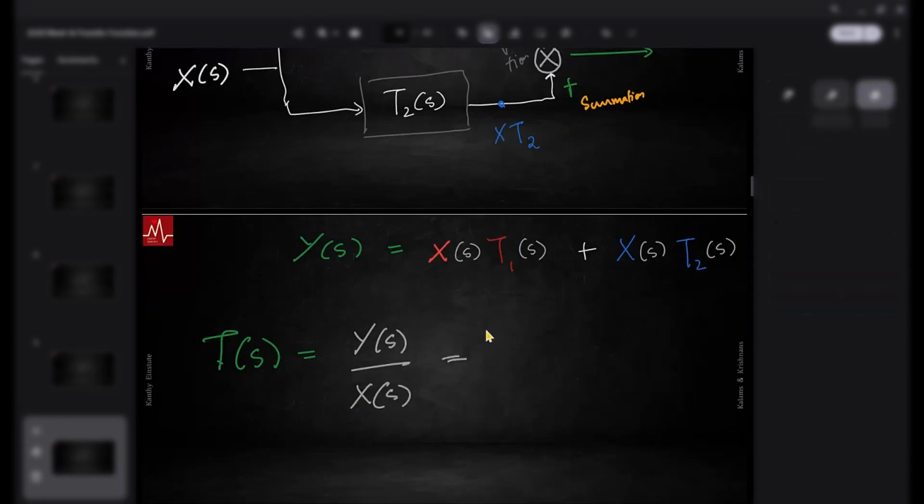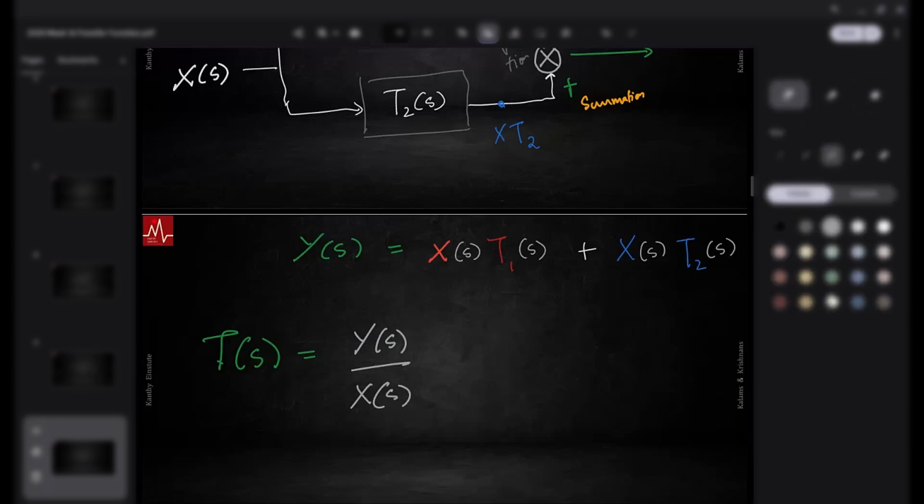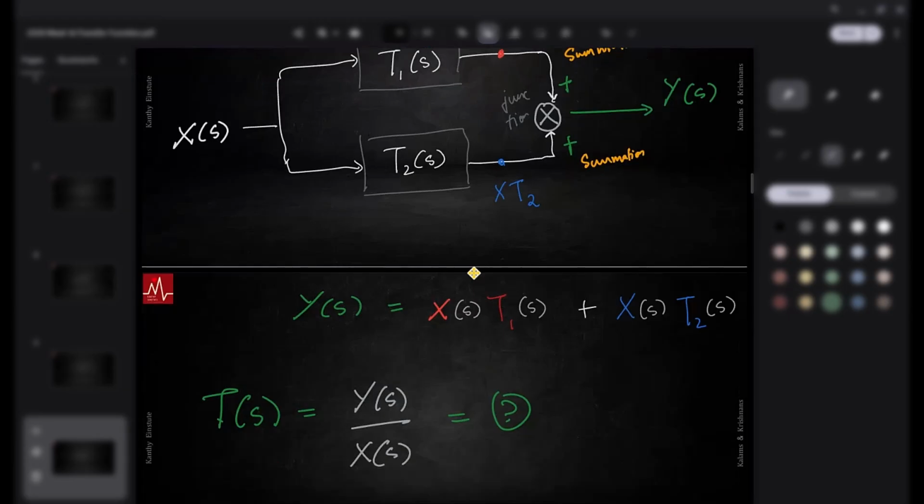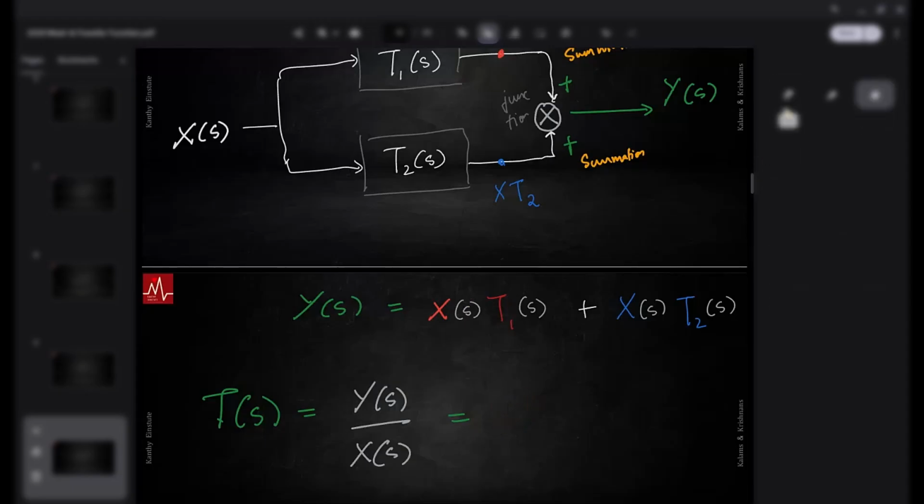What is it? I'm just taking the two outputs from the systems and adding them. So the transfer function is simply T1 plus T2.